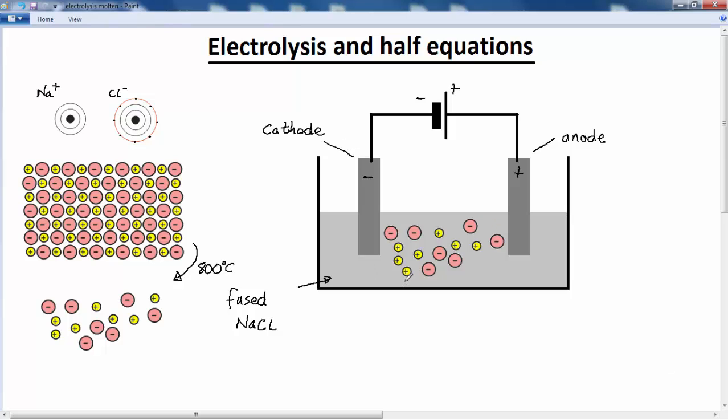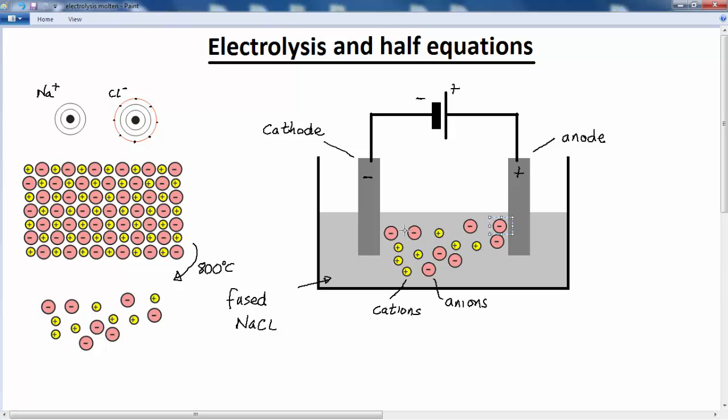Now, just to confuse you, the positive ions, that's the sodium ions, are called cations, and the negative ions are called anions. As soon as the switch is thrown, an electric current starts to flow, and what will happen is the negative anions, in this case the chlorine ions, will start to move towards the positive electrode.